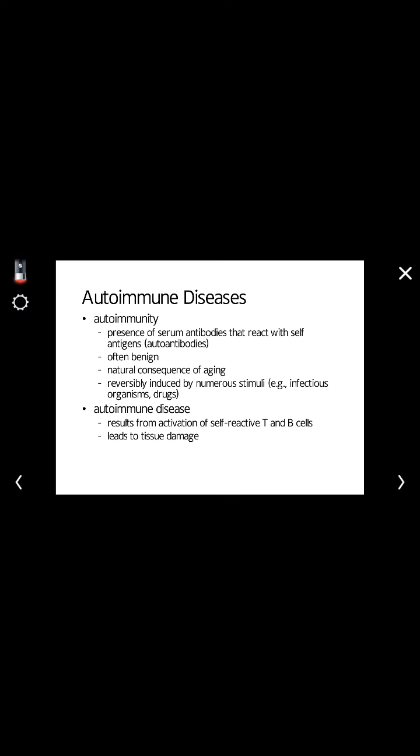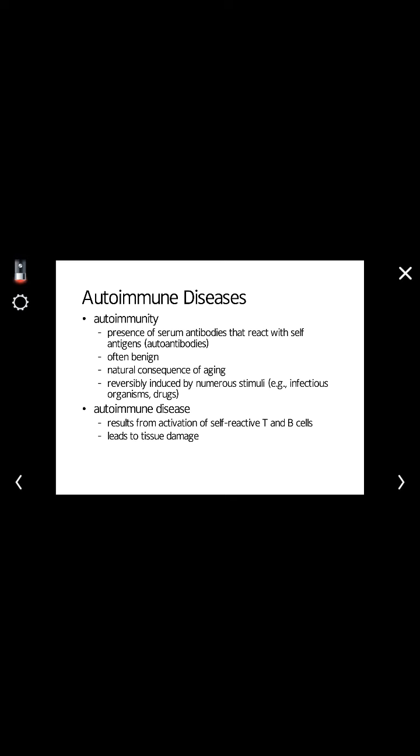Autoimmune diseases. Autoimmunity is the presence of serum antibodies that react with self-antigens, often benign. Naturally, it is a consequence of aging because you have more genetic errors as you age. It can be induced by numerous stimuli, infectious organisms or drugs or chemical exposure.